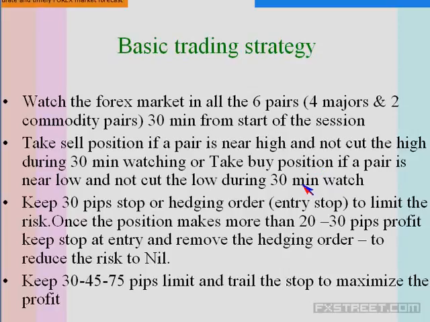Okay, 3 drops and they stop cutting the low. So by 14:30, if they stop cutting the low, straight away we can take a buy position near the low. So this is how we determine using our concept.